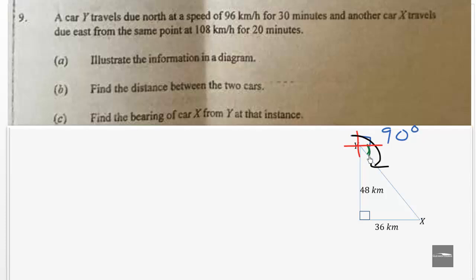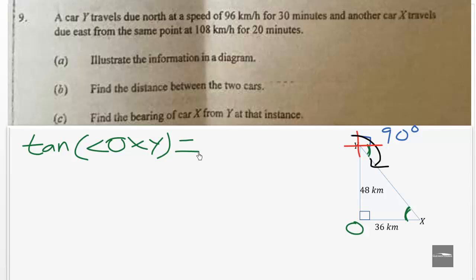That angle here is alternate to this angle. So we know the angle here, let's say angle OXY. So tan of angle OXY will be equal to opposite over adjacent. The opposite is 48 kilometers over adjacent is 36 kilometers.